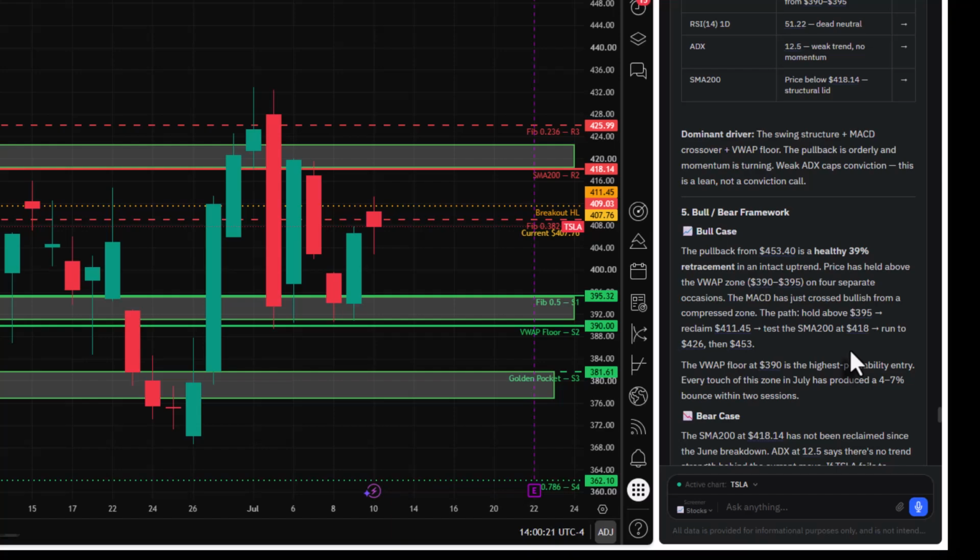It just tells you, like a stock trader analysis, everything you need to know is already here. The hold above 395 means that 395 is a huge support. It's a main support. Reclaim 411.45, test SMA 200 at 418. And if it runs, it's gonna go to 426, then 453. So we are in a bullish mode.